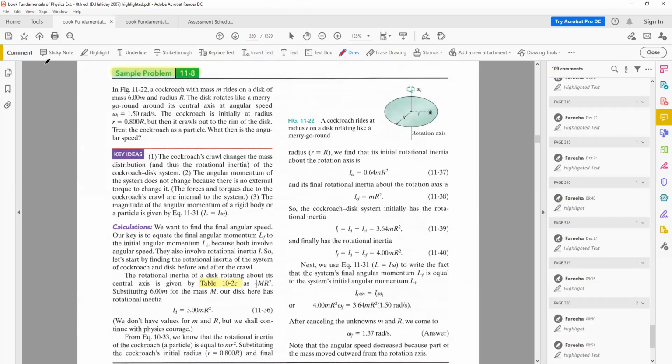So you have a disk. You all understand what a disk is, right? You can imagine a circular plate like a CD. So you have a disk. It has a certain radius, capital R. Now a cockroach is sitting on this disk, and the disk is rotating around a rotational axis. Is that clear?